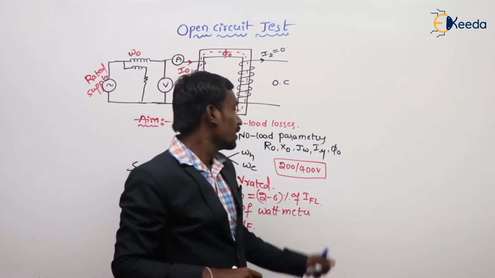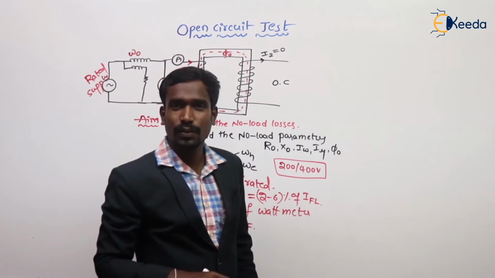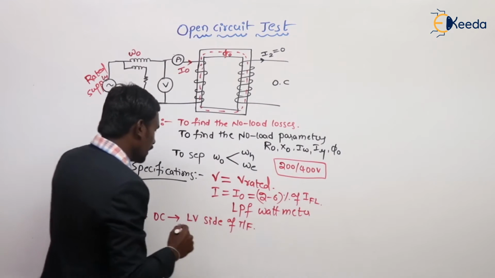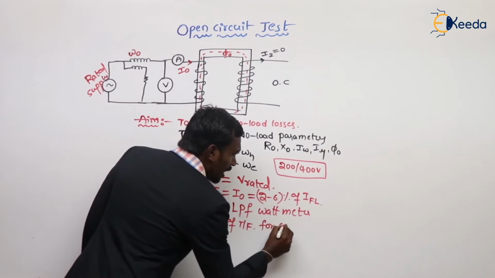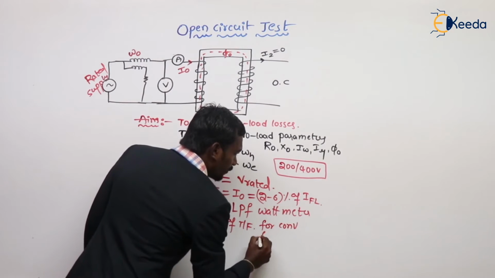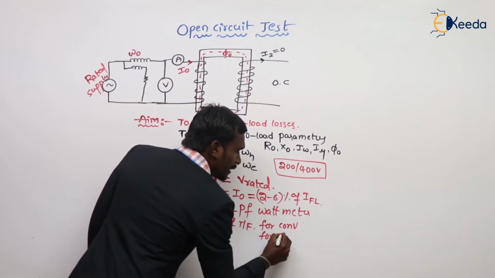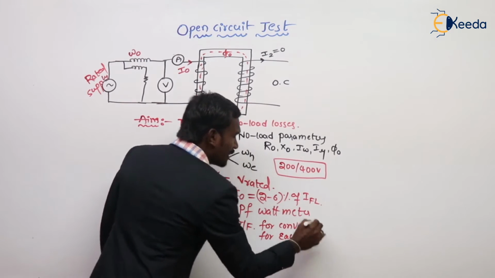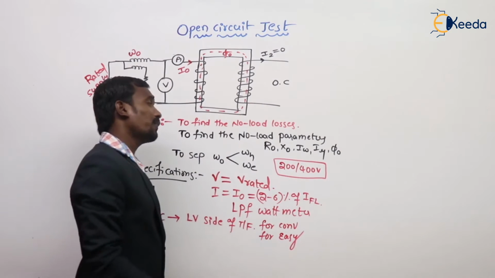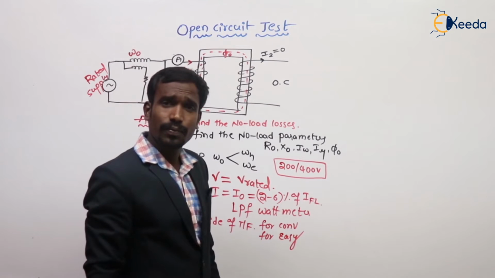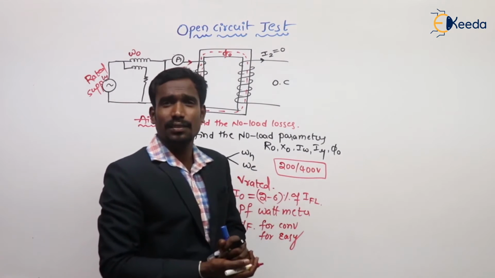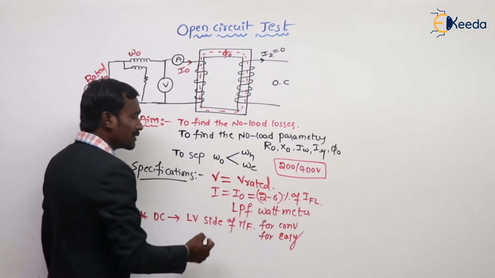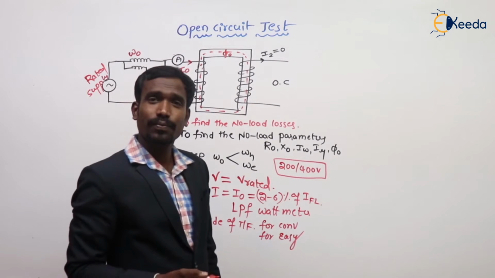This one is easier. So for convenience, for easy analysis, for economy, and for easy maintenance, the test should be conducted on the LV side.